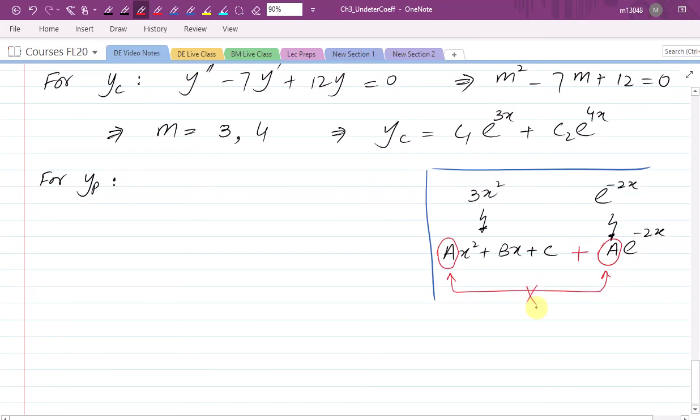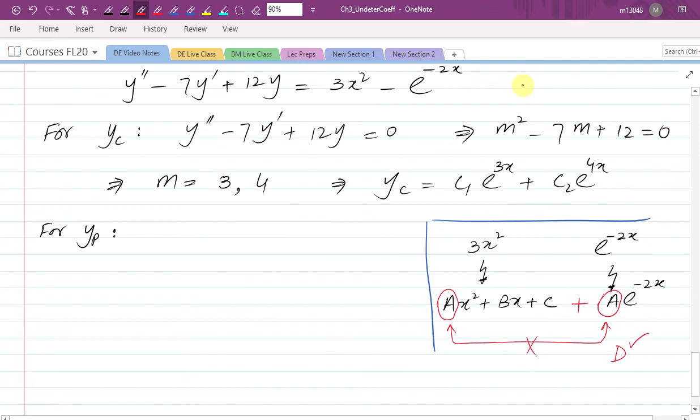We must write a new constant d for e power minus 2x because we have already used a, b, and c. If we had, for argument's sake, sine or cos here, we would start with e and f and so on. So our yp in this case is ax square plus bx plus c plus d e power minus 2x.